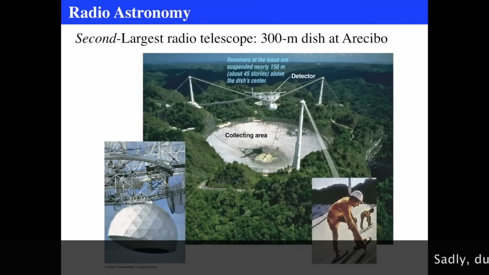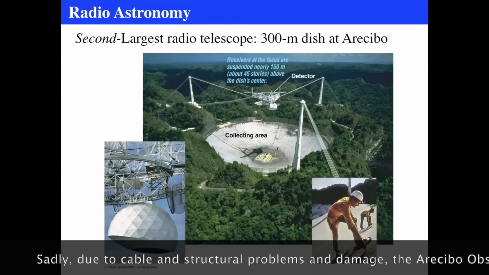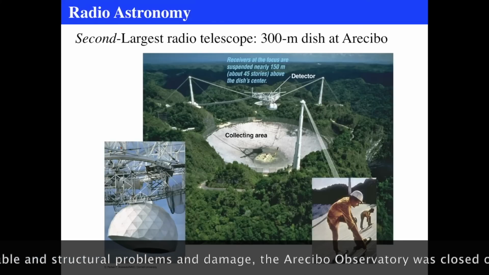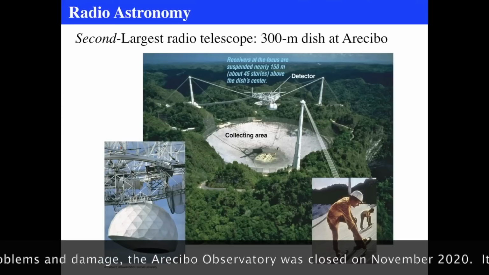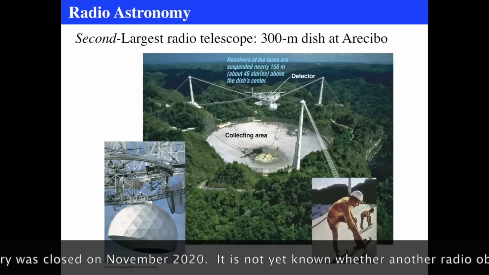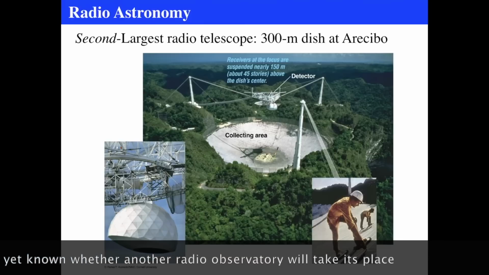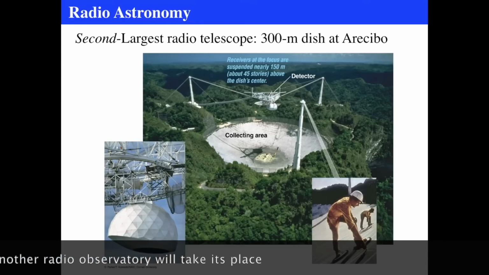All right. The second largest, well, for a long time it was the largest radio telescope in the world, the 305-meter dish at Arecibo down in Puerto Rico. This is an enormous dish made basically out of a hillside, out of a mountain area, and so it was a natural depression in a mountain. And basically, it was put there. The dish can't be steered, unlike the one in Green Bank.